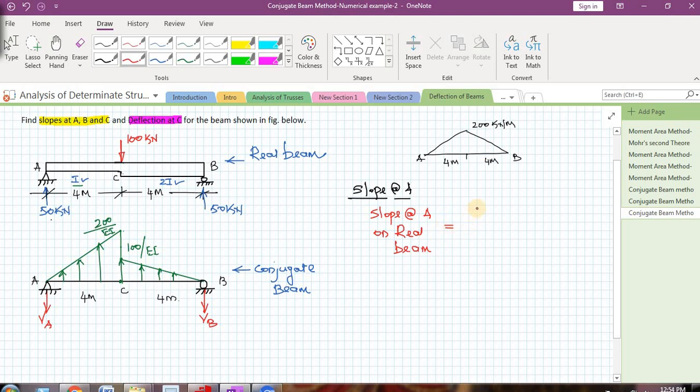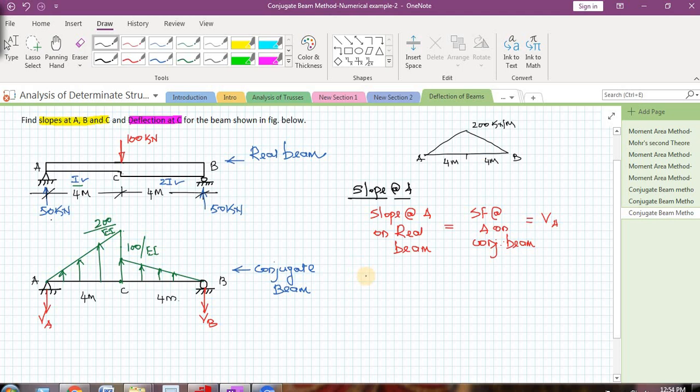on the real beam is equal to the shear force at A on the conjugate beam, which is equal to VA. So let us try to find what is the value of VA.